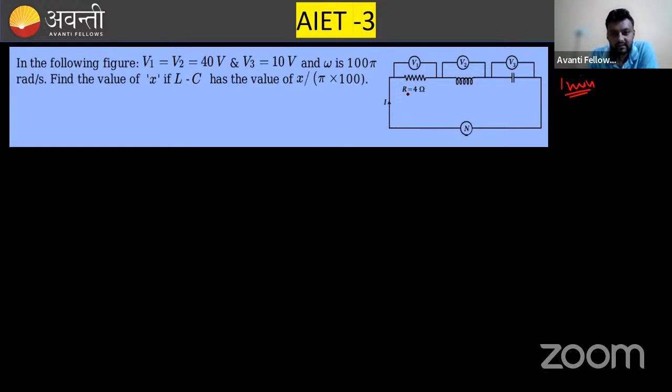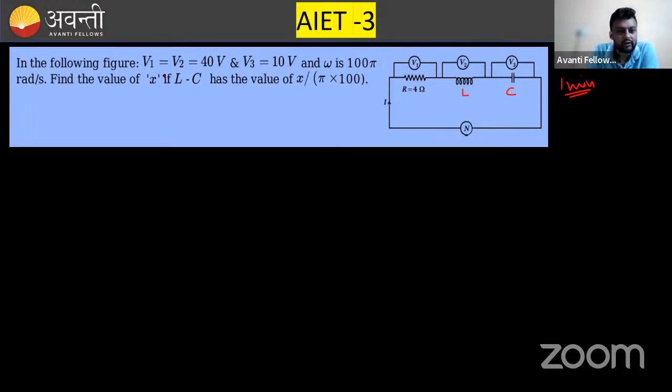You can see this is an AC circuit containing a resistor, an inductor, and a capacitor. Let's suppose its inductance is L and capacitance is C. Clear? This circuit has three voltmeters connected, V1, V2, and V3.